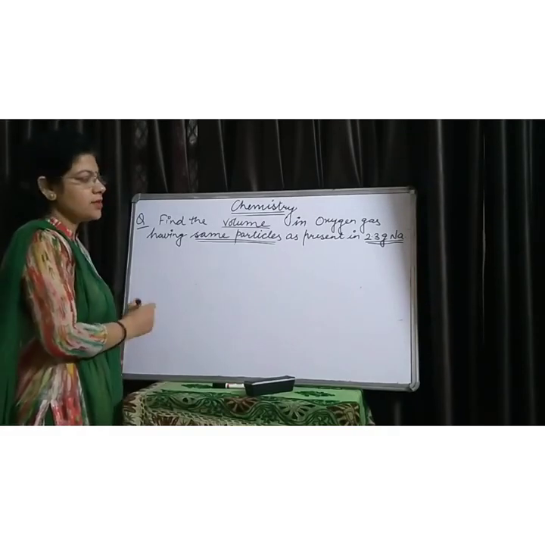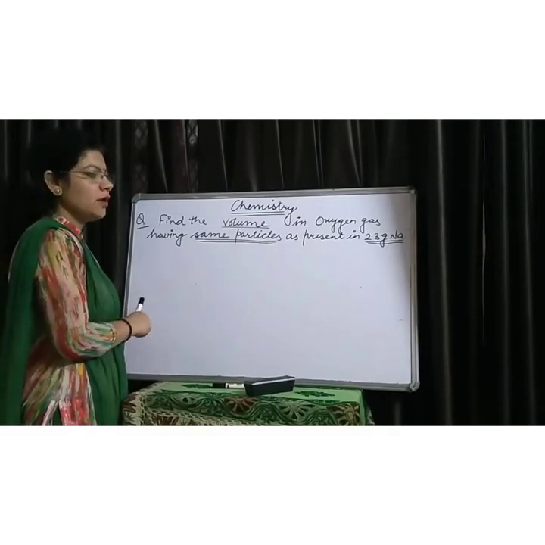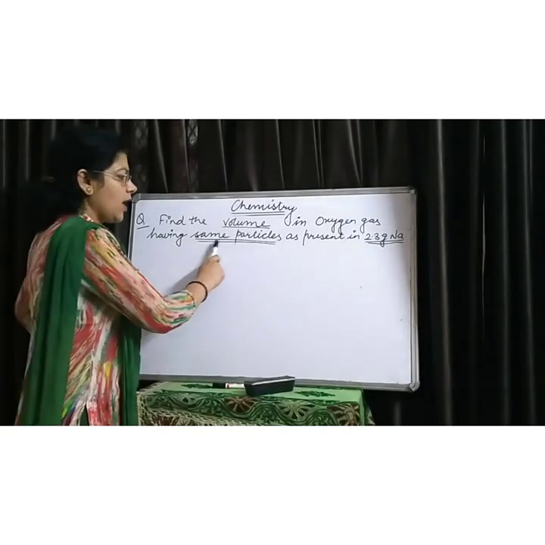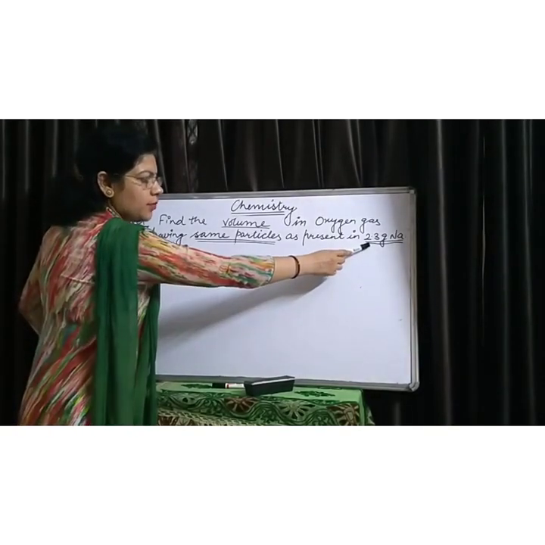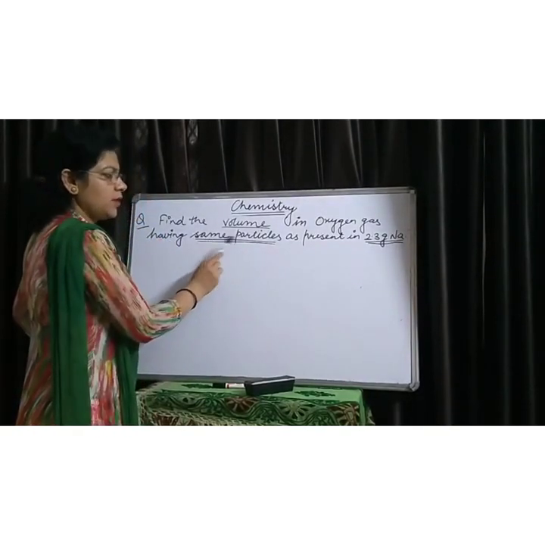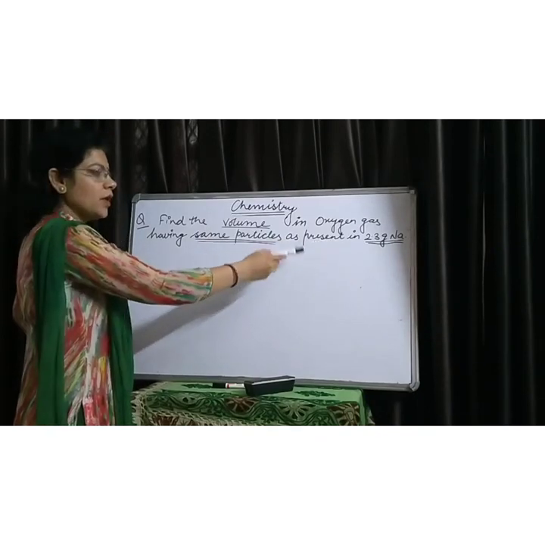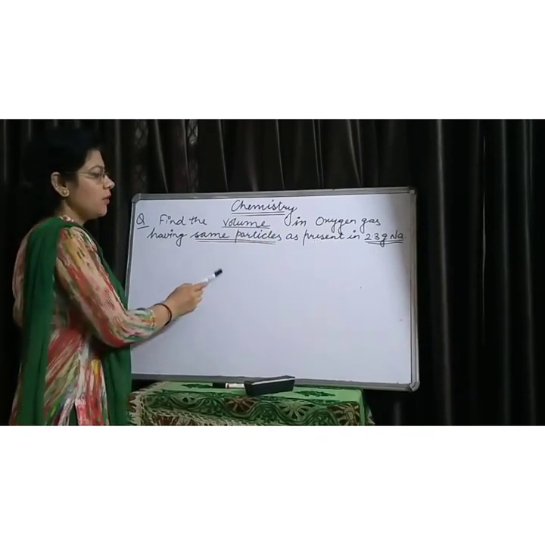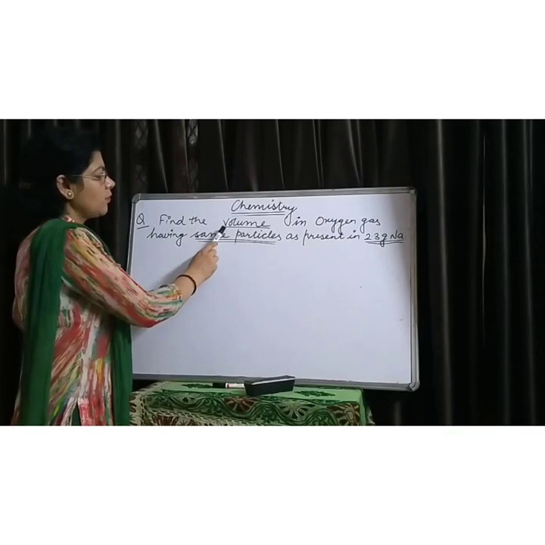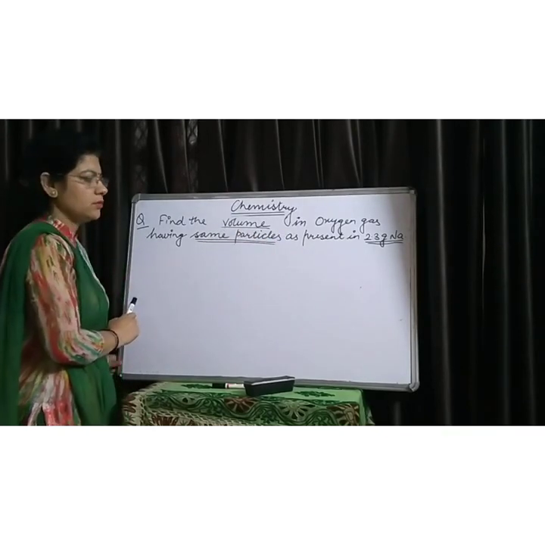This question is done in two parts. In the first part, we have to calculate the number of particles present in sodium. Then from those particles, we have to calculate the volume of oxygen.